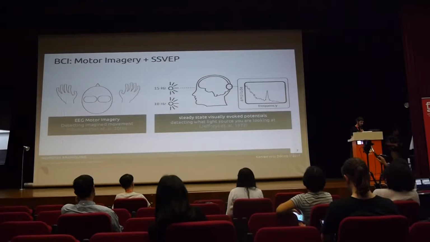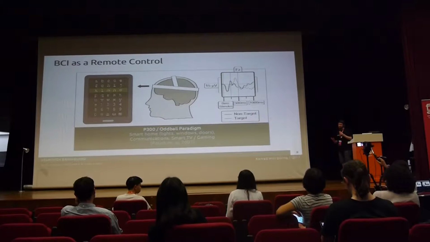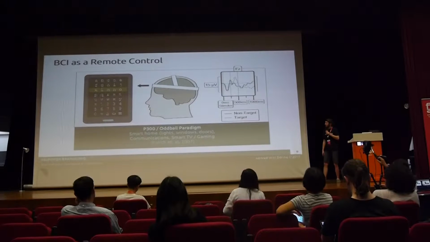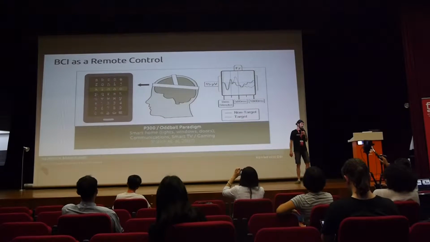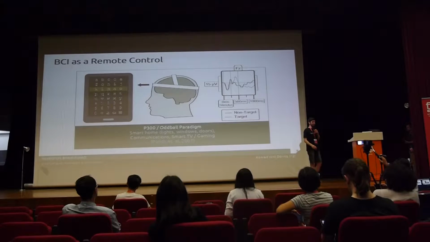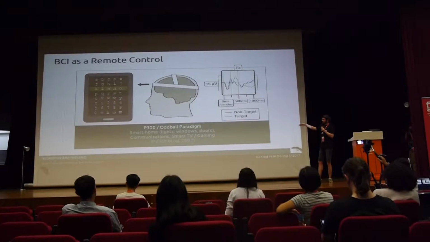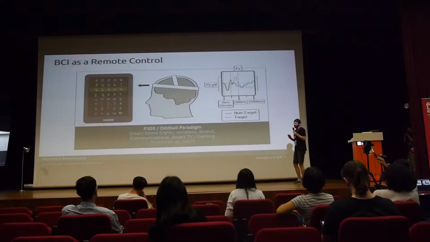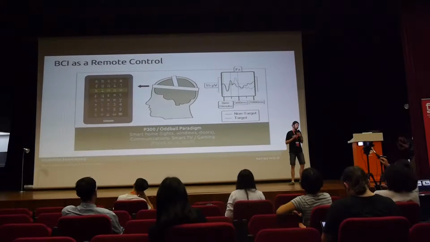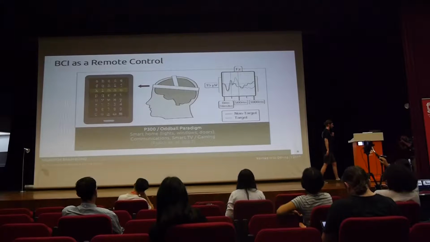Then it's also possible to use it as a remote control. Like in this particular example, with the P300, we can use it to scroll. We cycle through different symbols, and if the one symbol you're thinking of is currently highlighted, it's possible to detect that and trigger something.